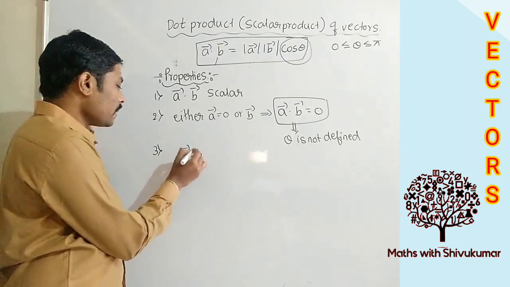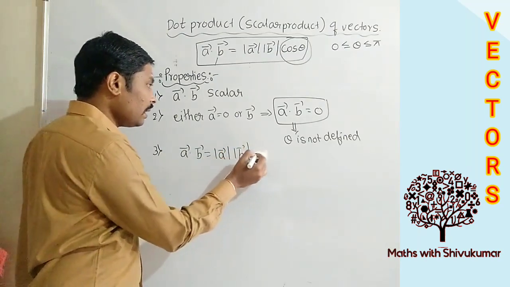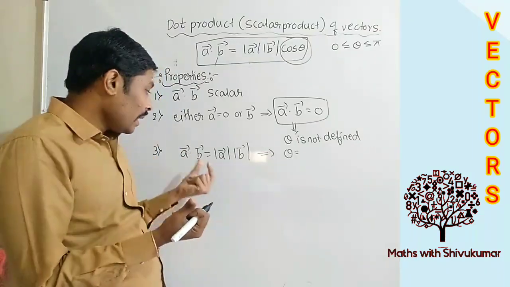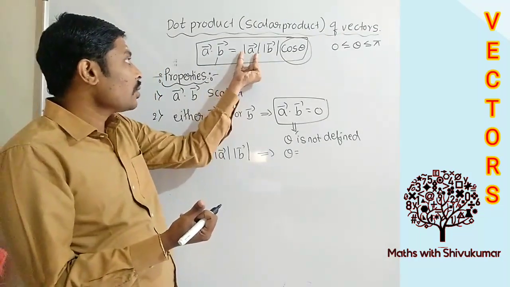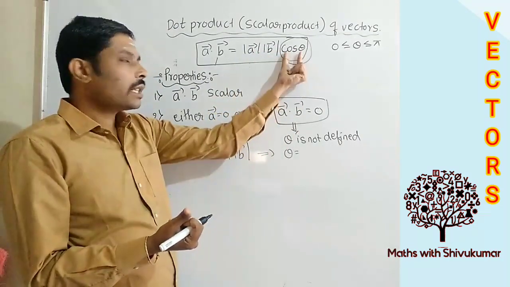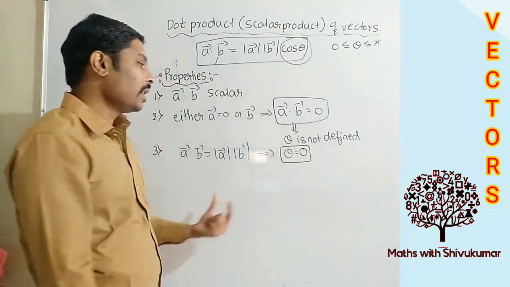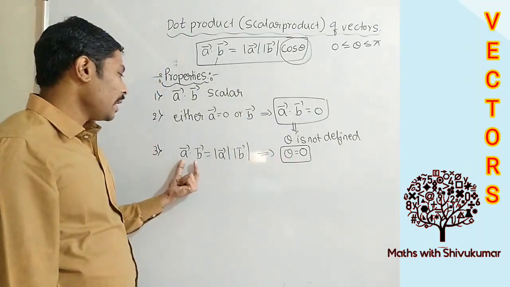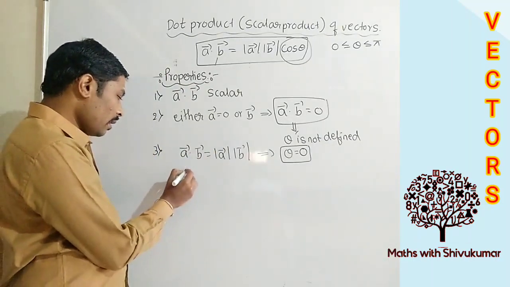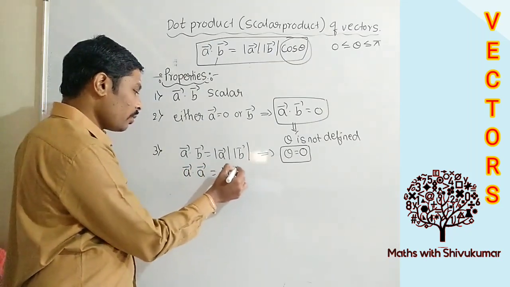Point number 3: A dot B is equals to magnitude of A into magnitude of B. In this case, what is the value of theta? Look carefully. A dot B is equals to magnitude of A into magnitude of B means I want cos theta equals to 1 here. When cos theta is equals to 1, theta is equals to 0. I hope it is clear. If theta is 0, then A dot B is equals to magnitude of A, magnitude of B. In this particular case, we can say A dot A is equals to magnitude of A square.